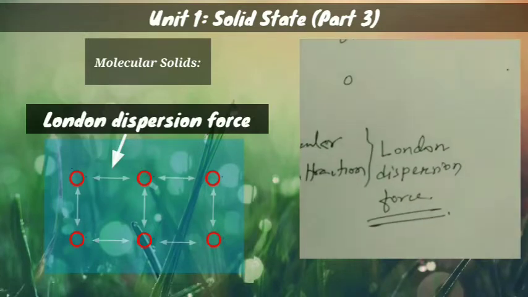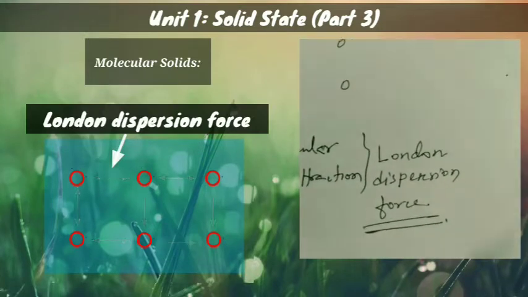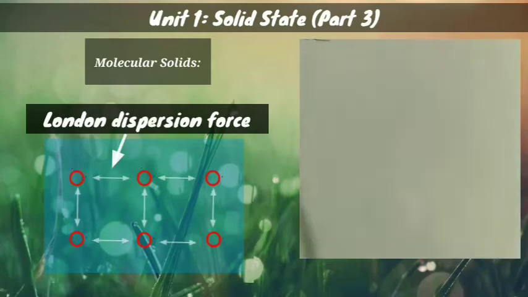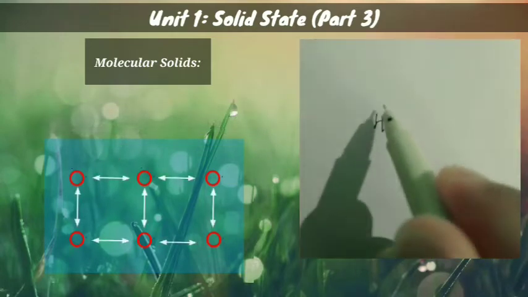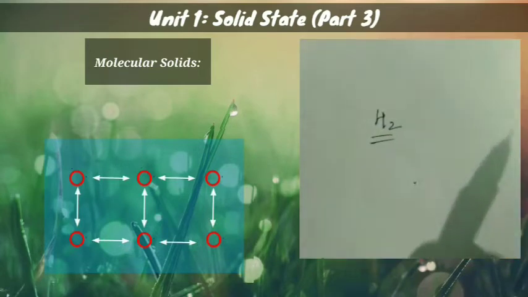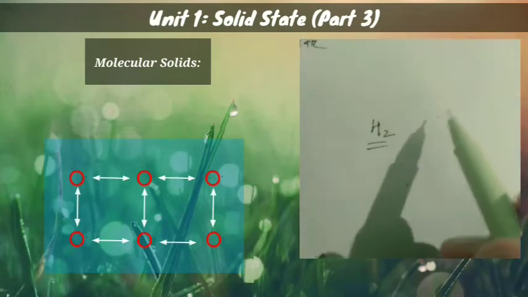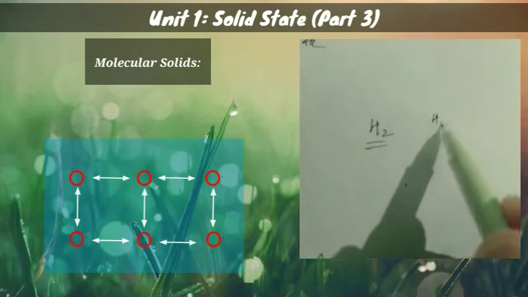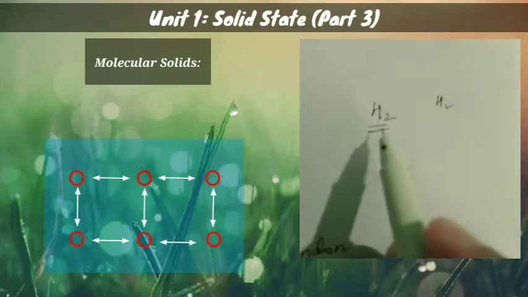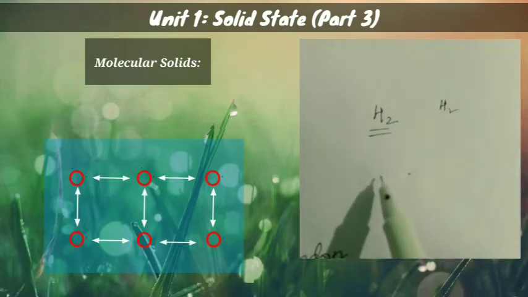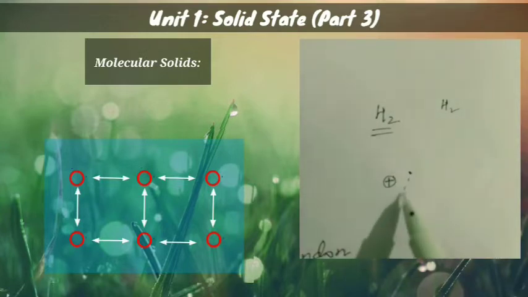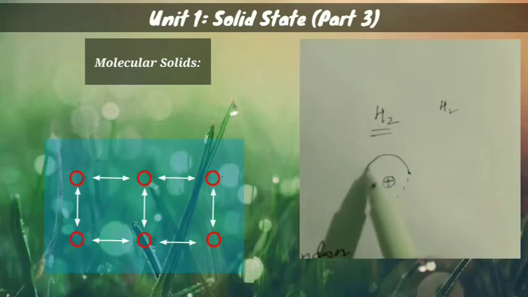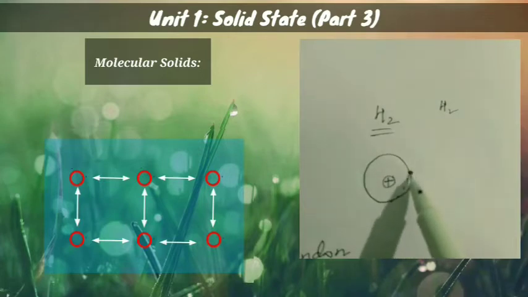That means the molecules which exhibit non-polar nature. So let us discuss using a simple molecule, which is hydrogen. Suppose there are two hydrogens. This one is one hydrogen. Hydrogen has a positive nucleus, and there will be one electron in the orbital of this one.